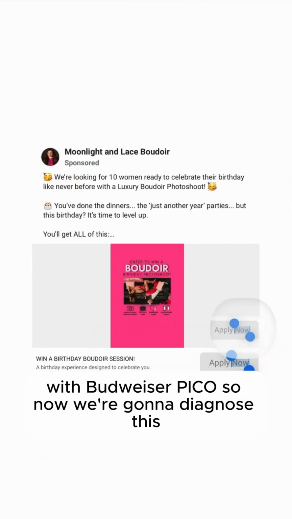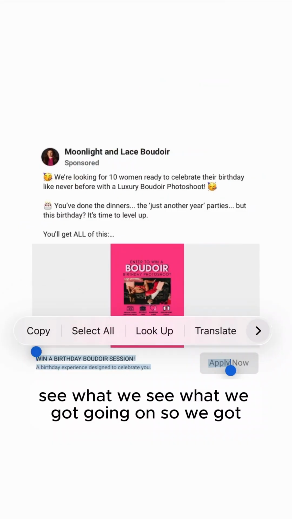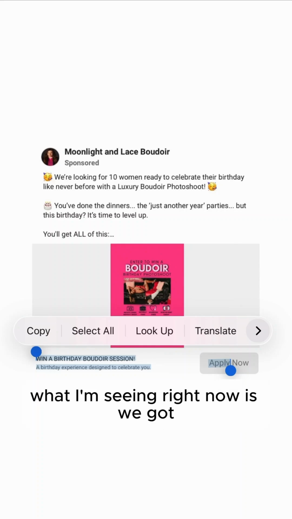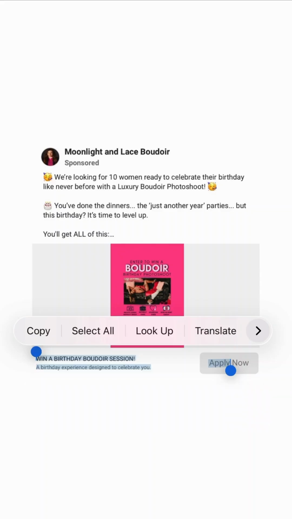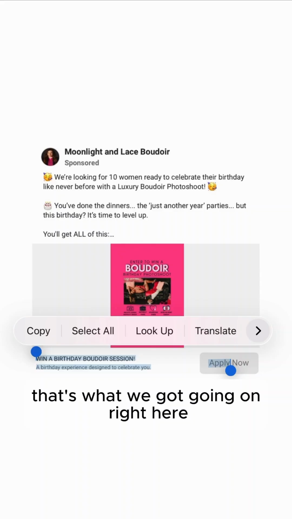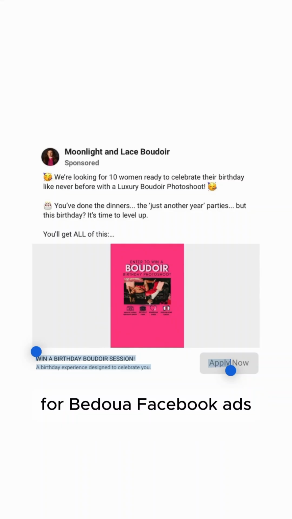So now we're going to diagnose this, see what we got going on. What I'm seeing right now is we got a below creative cluster mistake. So we're actually trusting what Facebook is telling us to fill out for Boudoir Facebook ads.